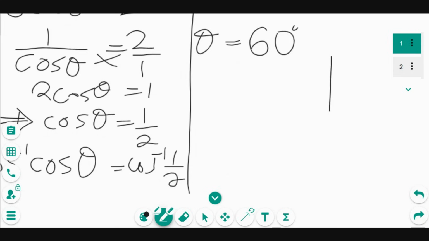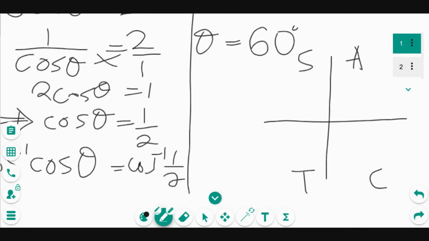I now draw my quadrants. All students take chemistry. Cos of theta was a half. A half is positive. So I'm going to represent this 60 in quadrants where cos is positive.